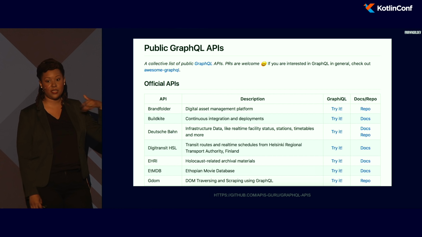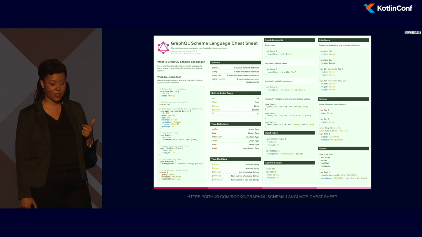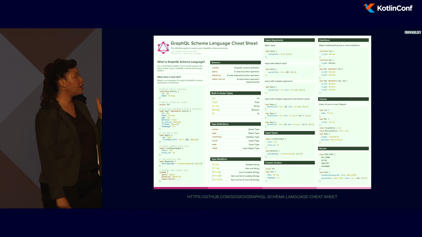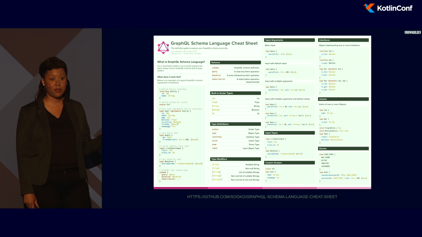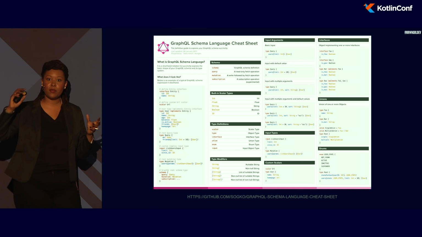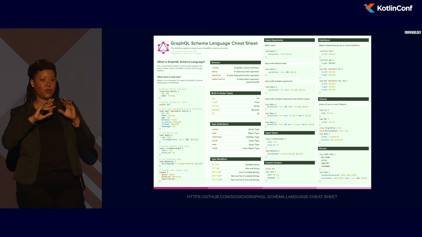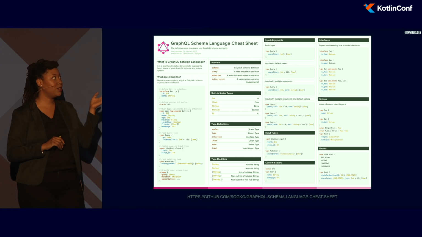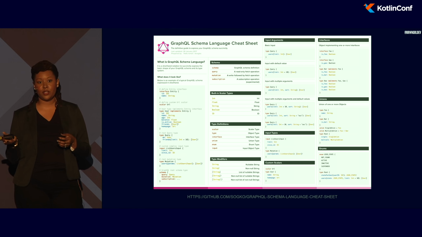Feel free to use these. These are publicly available. And then also, I wanted to share this schema cheat sheet. If you start to get confused about the exclamation marks or the little brackets, what these different things mean, you can use this cheat sheet, especially when you're first learning, to get up to speed.